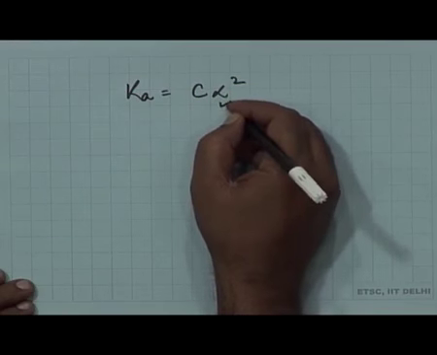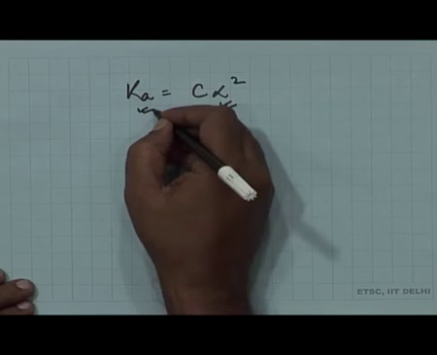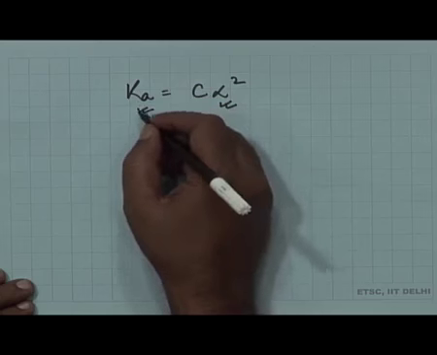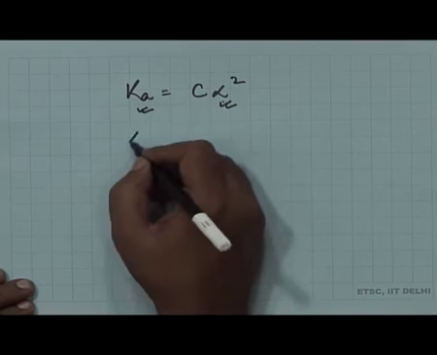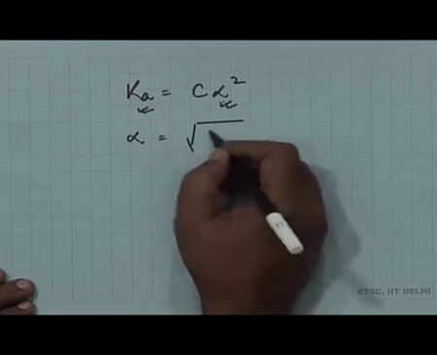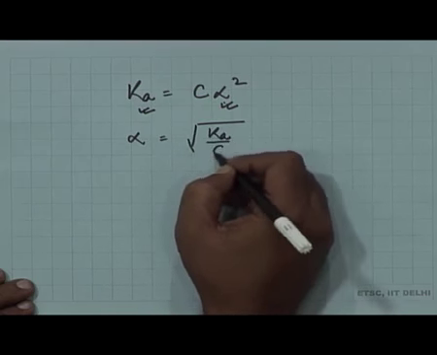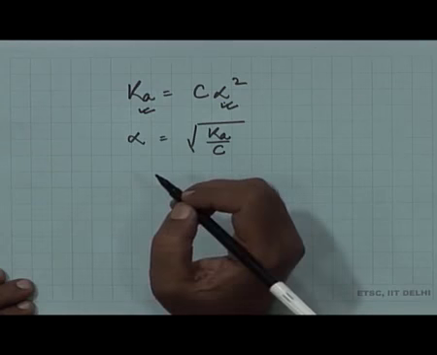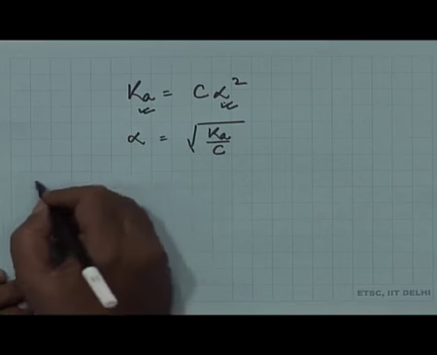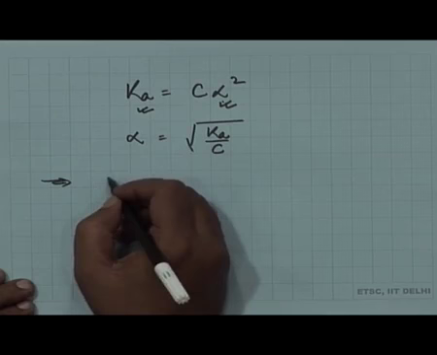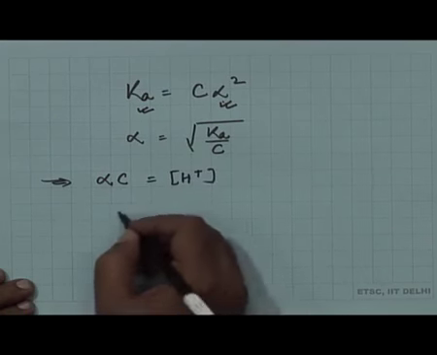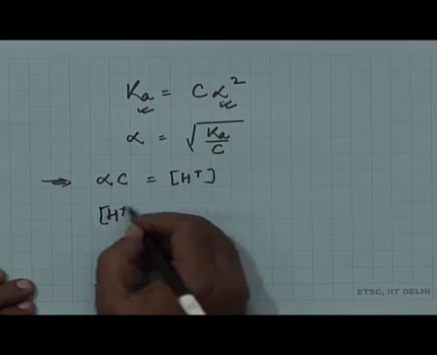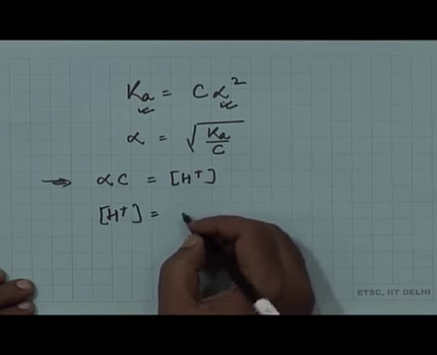So, if I know alpha, I can calculate Ka, and similarly if I know Ka, I can calculate alpha. What will alpha be? Alpha is simply the square root of Ka by C. If we remember, alpha C is equal to the H plus ion concentration, so we can also calculate the H plus ion concentration if we know Ka.